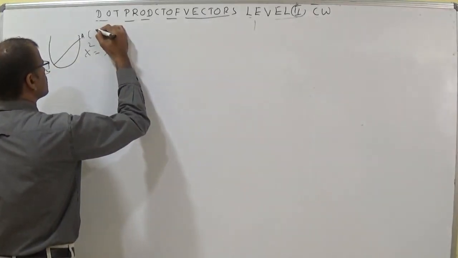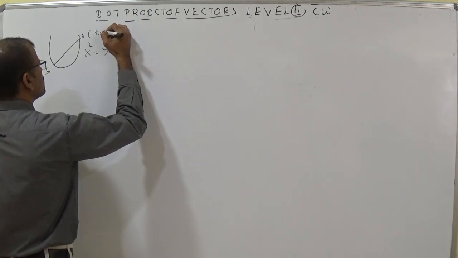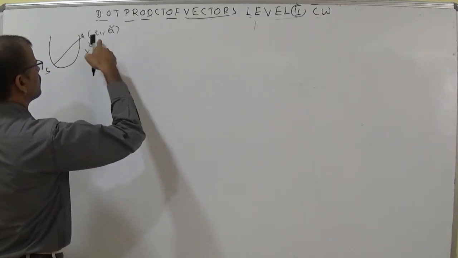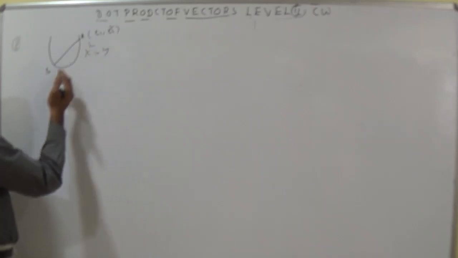If 2 points are there, then you can indicate with the letters t1 and t2 separately. If A is equal to t1, you take t1 comma t1 square as the point because y equal to t square.